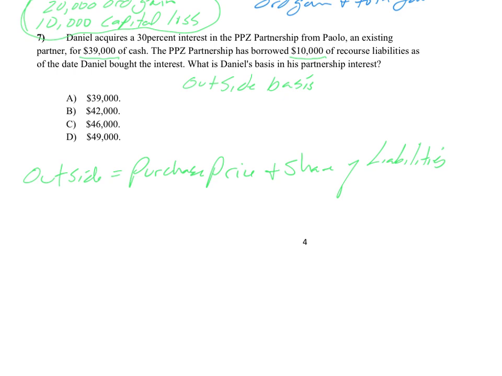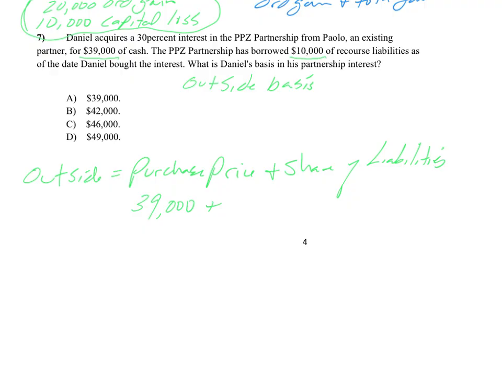So think about that as if he were just donating stuff, if he donated cash, right? His outside basis in the partnership would be the basis of the property that he contributed plus his share of the liabilities. So his purchase price plus, and then what is his share of liabilities?